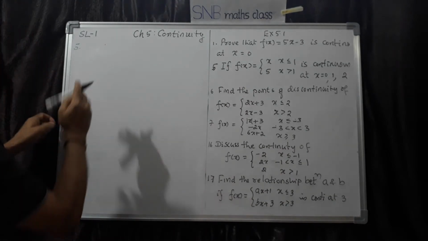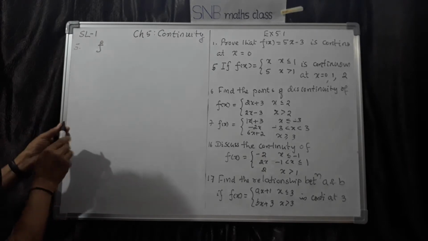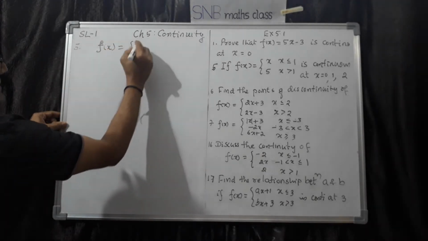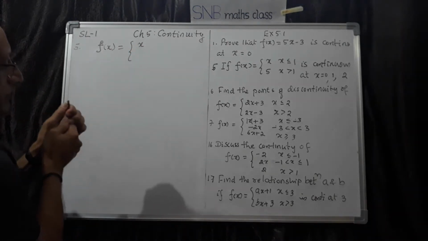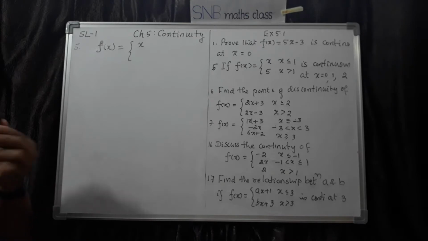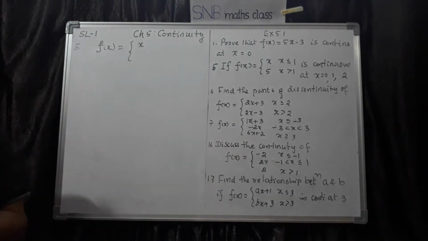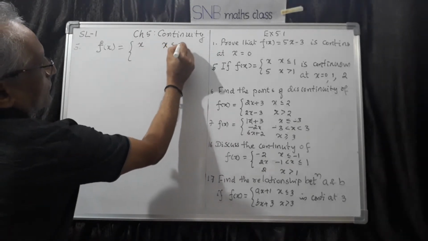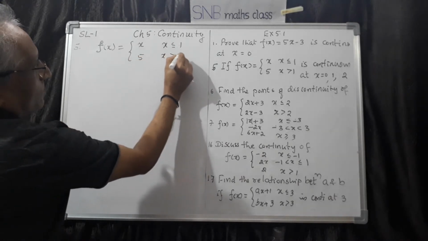So let us take f of x equal to the given function, which is x when x is less than or equal to 1, and 5x when x is more than 1.